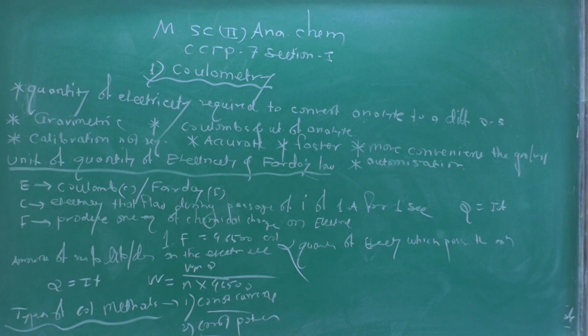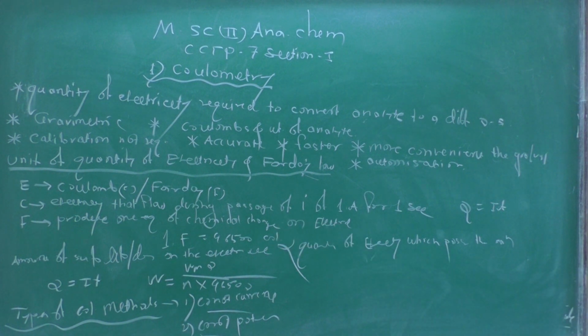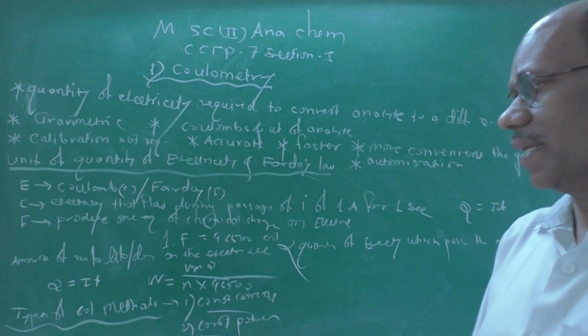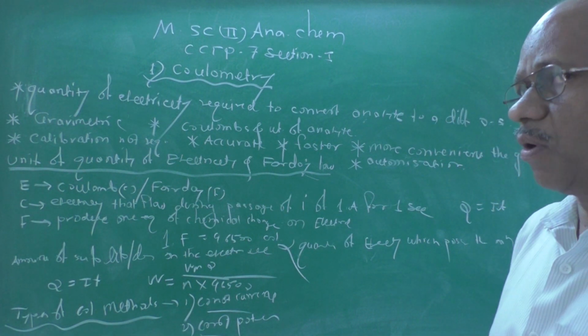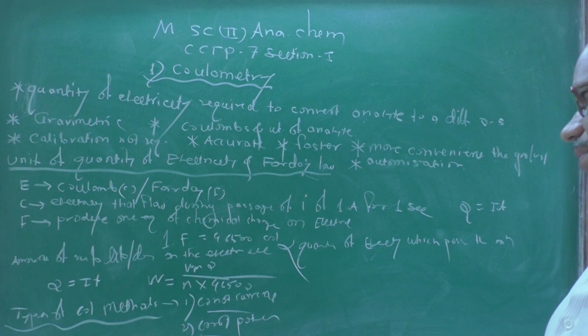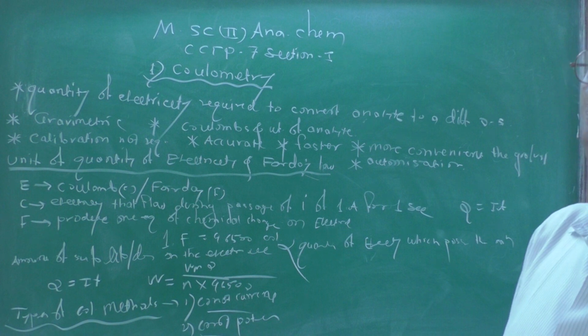The amount of substance liberated or deposited on the electrode surface is directly proportional to the quantity of electricity which passes through the solution. This is Faraday's first law. Whether liberation or deposition occurs depends on whether it is oxidation or reduction.